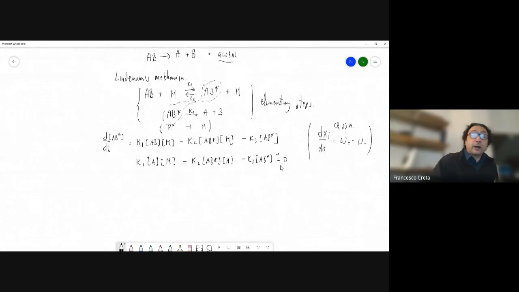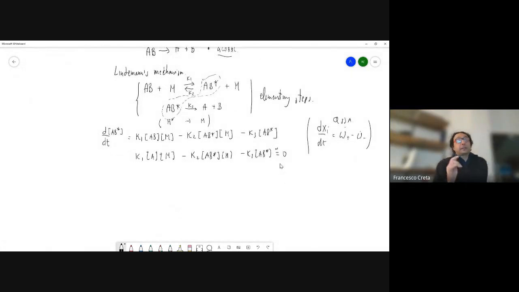So in fact now we have that famous expression Q, okay, equal to 0, right? So we can express now algebraically AB star, which we have essentially considered as a steady state species, as a function of the non-steady state species, okay? So we can solve for AB star and we have something like this.